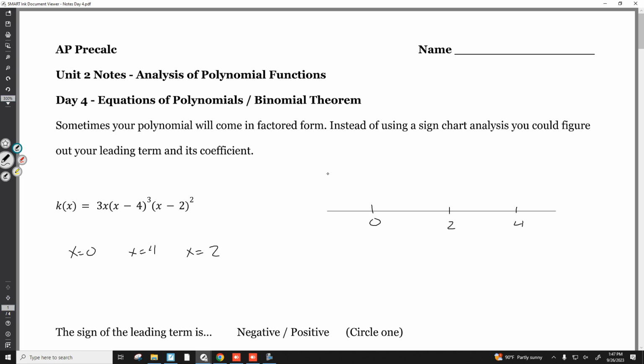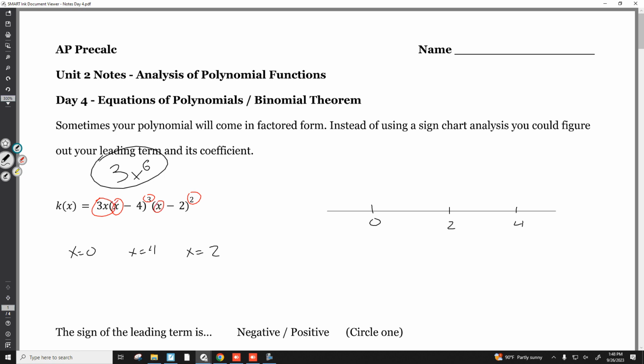Or we could understand that 3x times x cubed times x squared gives you 3x to the 6 as a leading term and coefficient.